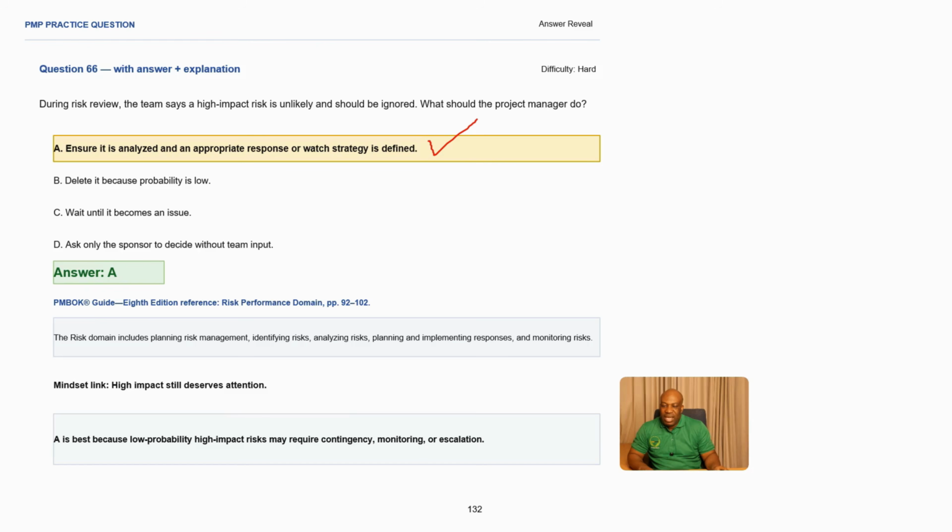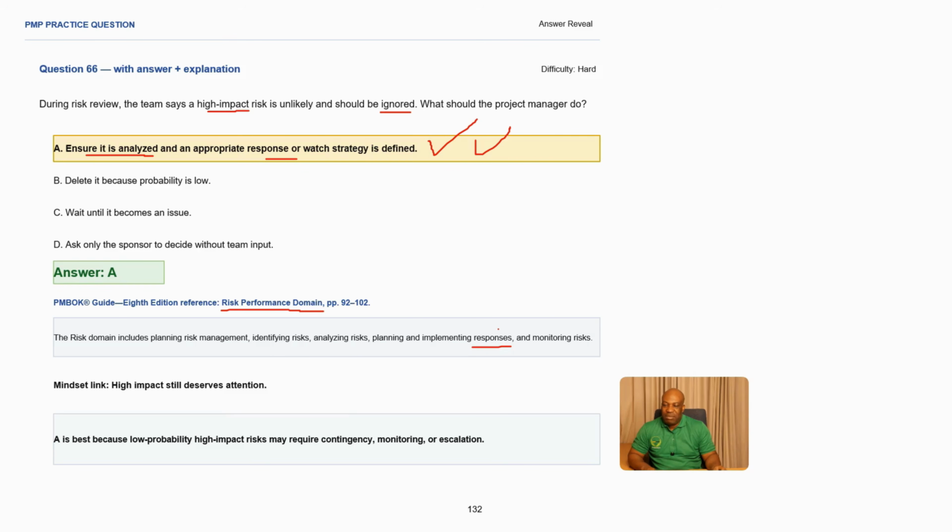So why is A the best answer? You have to ensure you are analyzing the appropriate response, instead of saying it should be ignored, like what is coming from the team. Remember, this one has got a high impact. So the moment you ignore it, if it happens, then you'll be in trouble. What is our reference? The risk performance domain, where you have to identify the risk and also come up with risk responses.